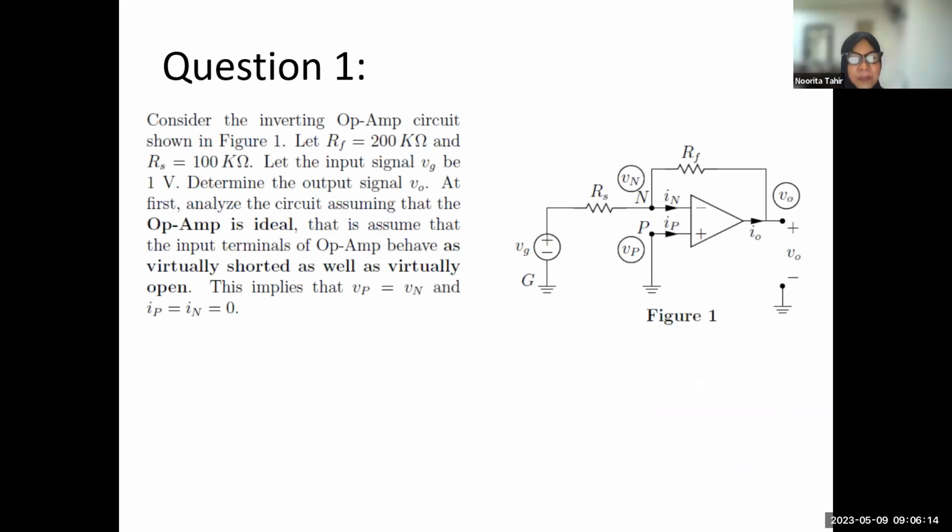Take out a piece of paper or whatever you have. Try to do this question. Class, if you have any question, please feel free to ask me at the chat box.